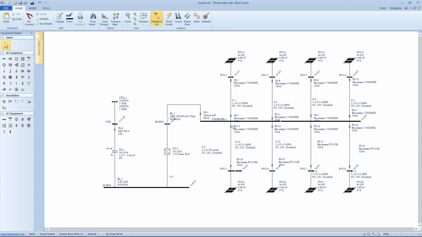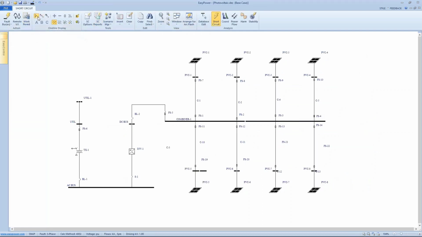Now, in terms of sizing the fuses, each of these fuses, if we have a fault in this particular area, is going to be seeing the contribution from all the other strings, all the other arrays. As we go into short circuit focus and look at the fault current, we see each of these arrays contribute 67 amps to a fault on this central bus. If we were to get a fault on one of the feeder systems, as we have it set up, we can't really see what that fault would be.